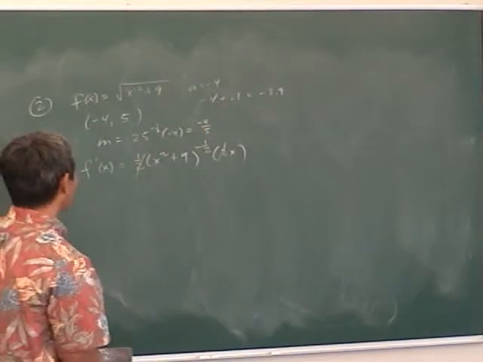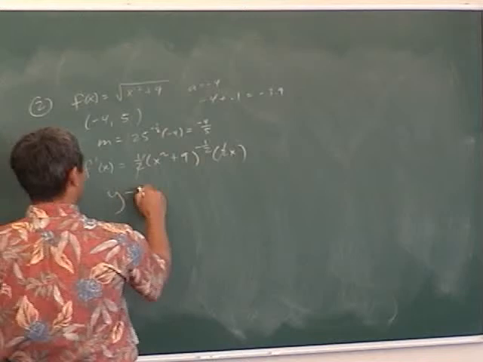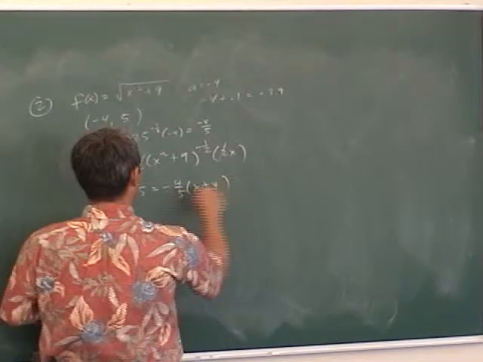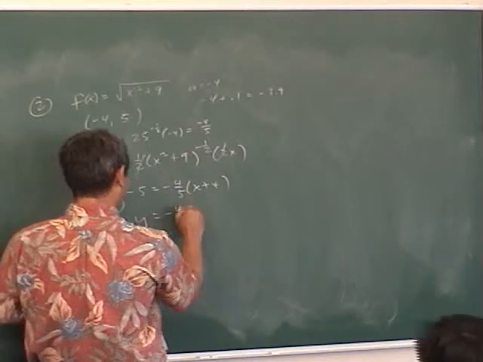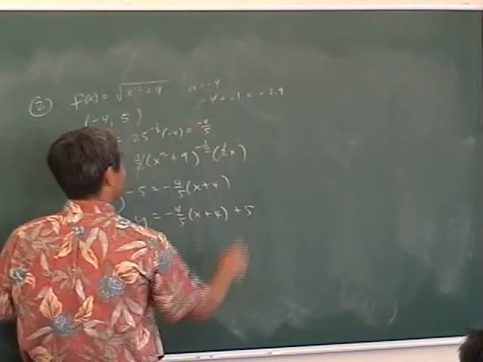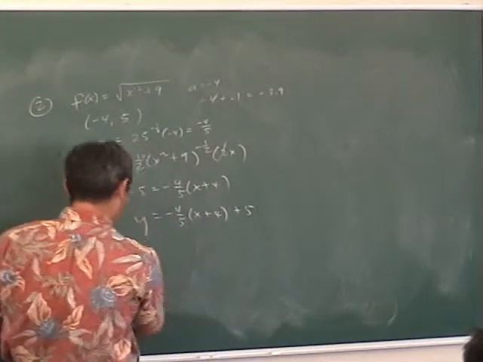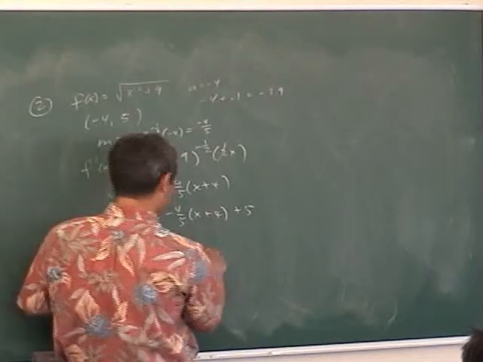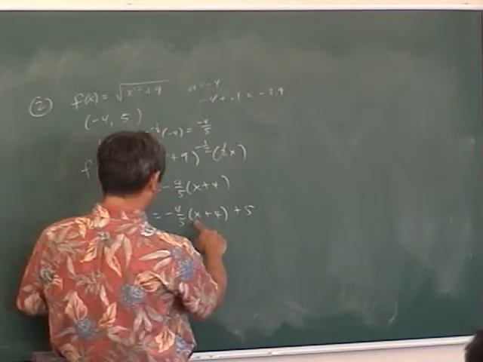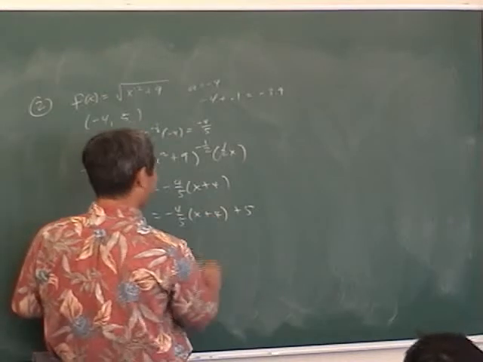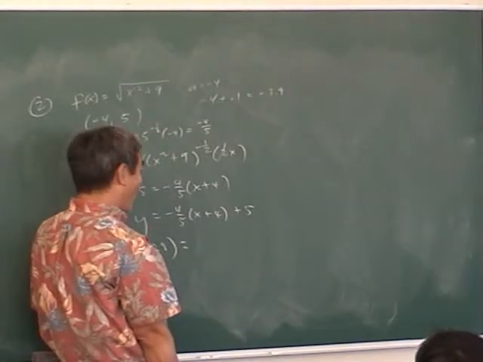So, point slope: y minus 5 equals -4/5 times x plus 4. Move the 5 to the other side: y equals -4/5 x plus 4 plus 5. Take this number, plug it into the line equation. What is negative 3.9 plus 4? 0.1, which is 1/10.